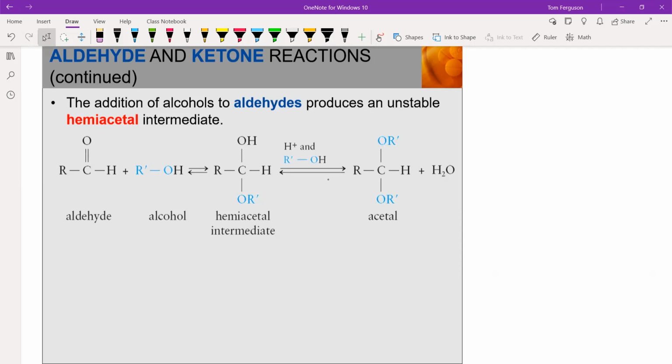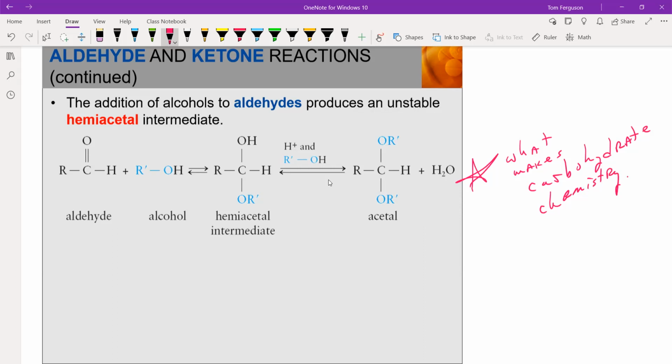This reaction here is what makes carbohydrate chemistry. What happens when we get an alcohol and an aldehyde together, or a ketone and an alcohol together? We form an intermediate and then a final product.